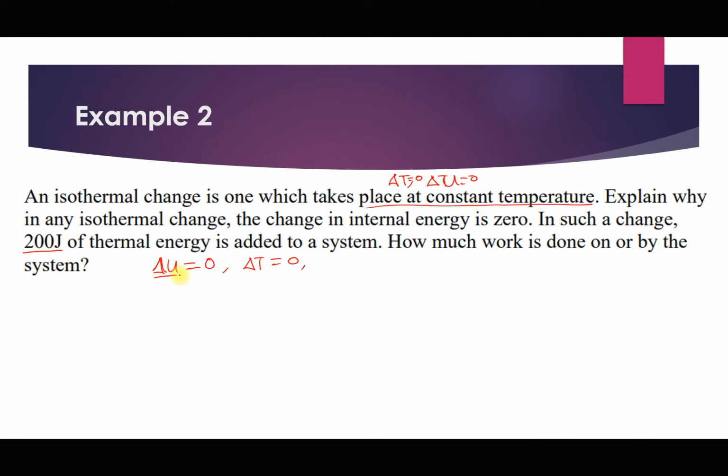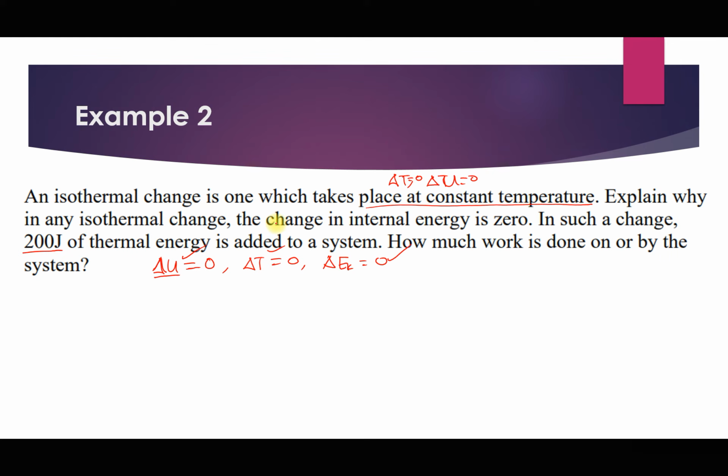We know that change in internal energy depends on the change in temperature. For an isothermal change where the change in temperature is zero, it means the change in the kinetic energy of the molecules is equal to zero. Because internal energy is the sum of the random distribution of the kinetic energy of the molecules, and the change in temperature is zero, the change in kinetic energy is zero, which means the change in internal energy is going to be zero. That is as simple as that.